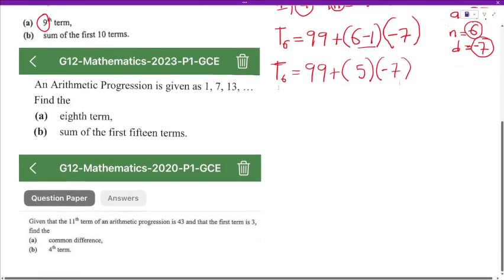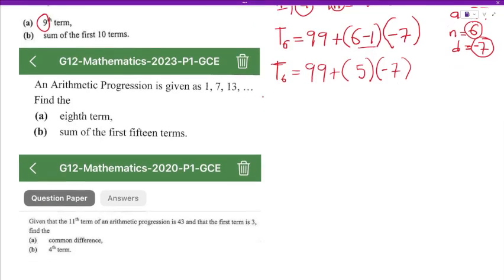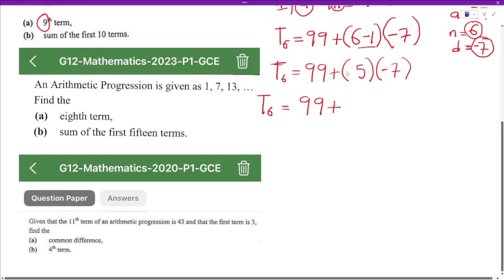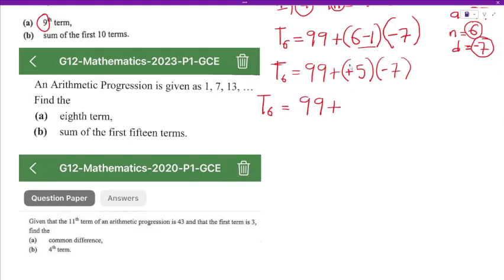Remember, the 5 there is a positive. So I'm going to say term number 6 is equal to 99 plus. This plus, we have brought it down. If you can't see the sign, then what does that mean? It means the sign is positive. So this is positive 5 times negative 7.